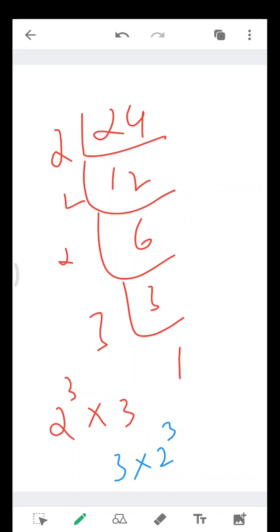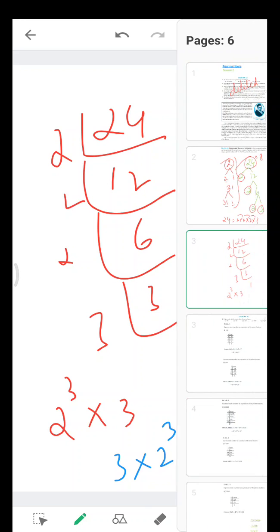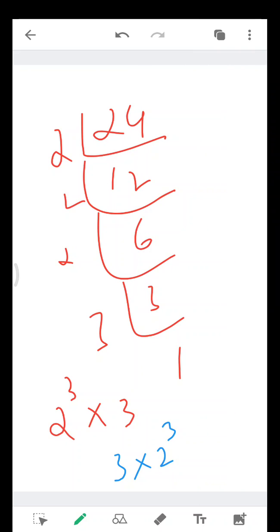The order of factors doesn't matter. Both are correct, but usually we prefer the least number in the beginning. There is nothing wrong in taking a large number in the beginning. So we must always use prime numbers here. That is very important because this is prime factorization.